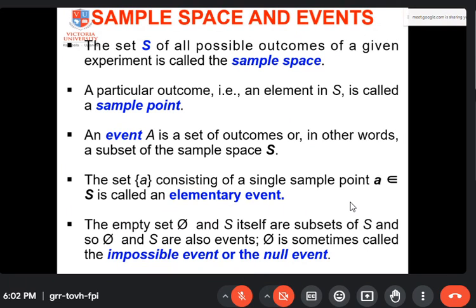So that is when we don't have any members. We don't have any members in that set. So we call that one an empty set, or in this case, we can say that it is an impossible event or a null event.